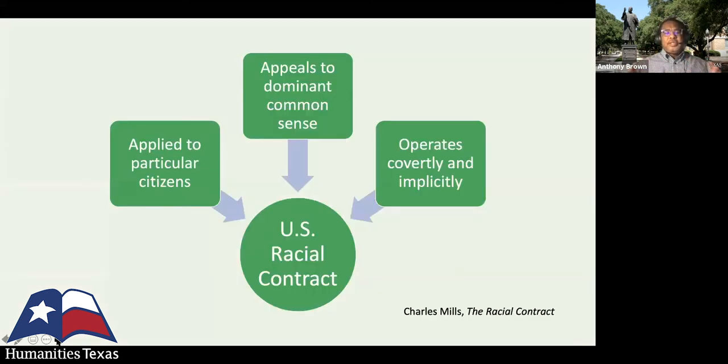So here we provide a little bit more visual, and Dr. Brown, please, if you want to jump in at some point after this, and articulate these three parts of the U.S. racial contract.